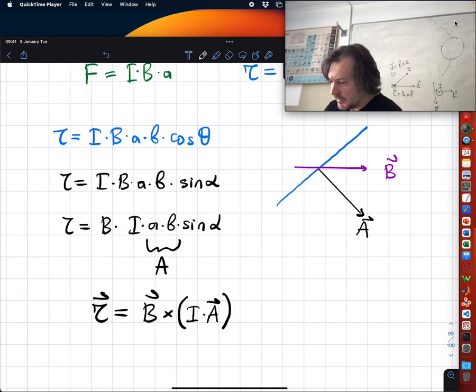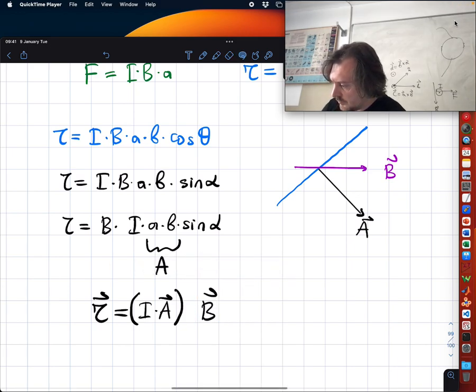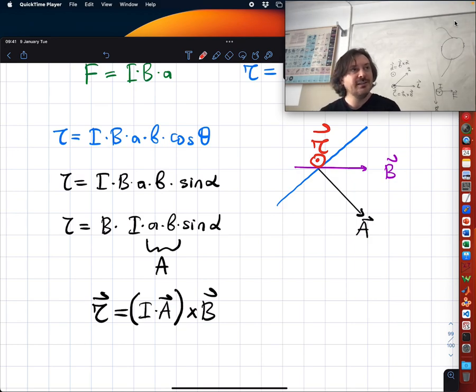Torque was out of the plane, and I made a mistake here. You see, since torque is out of the plane, it just has to be this way. Okay, because A cross B is pointing out. All right? Are you confused?